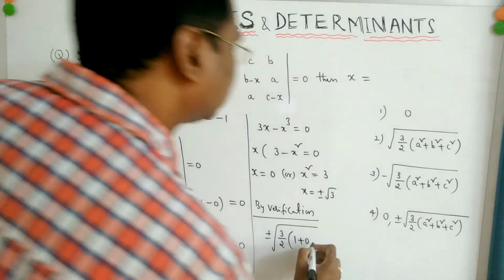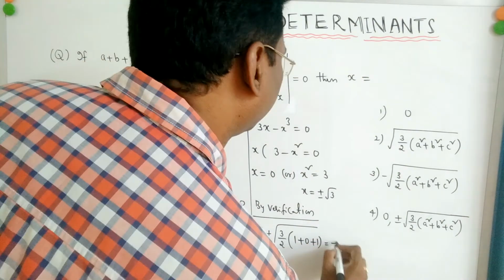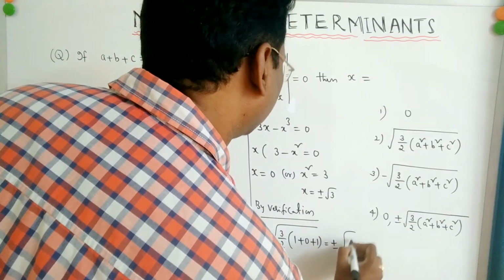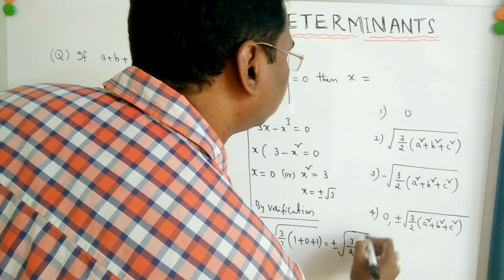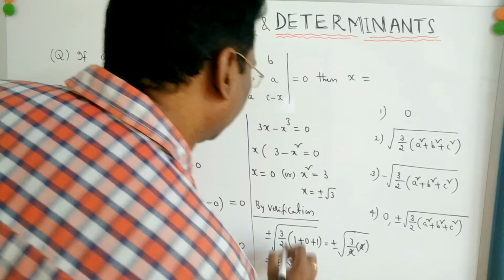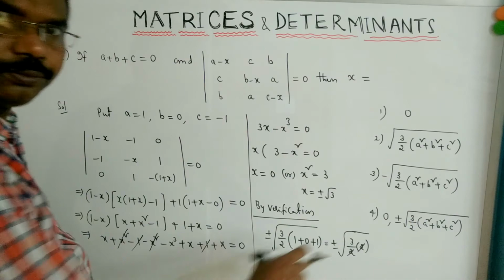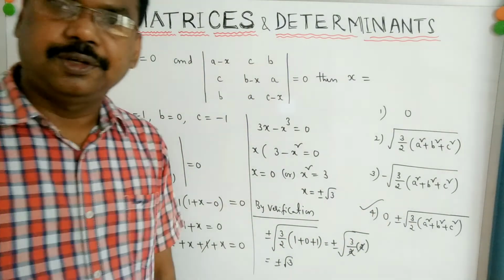Now c value minus 1 whole square means plus 1. Now is equal to plus or minus 3 by 2 into 2, 2 to cancel is equal to plus or minus root 3. Now option 4 is the correct one.